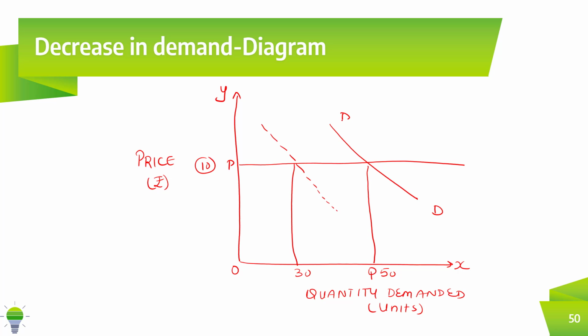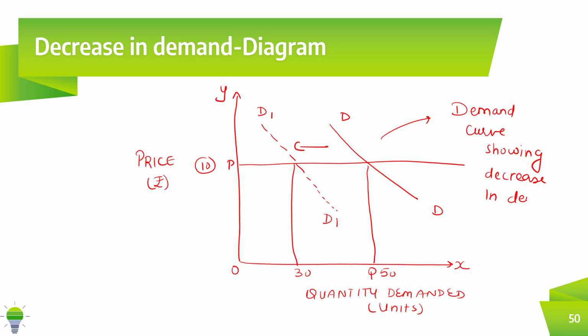This is DD demand curve, and there is a shift in the demand curve from DD to D1 D1. This is demand curve showing decrease in demand. Decrease in demand. Okay.